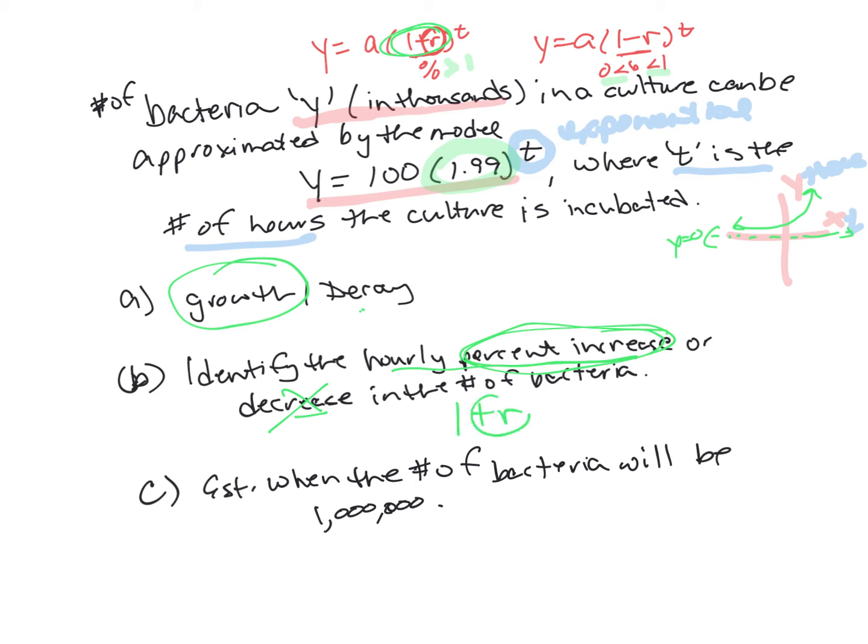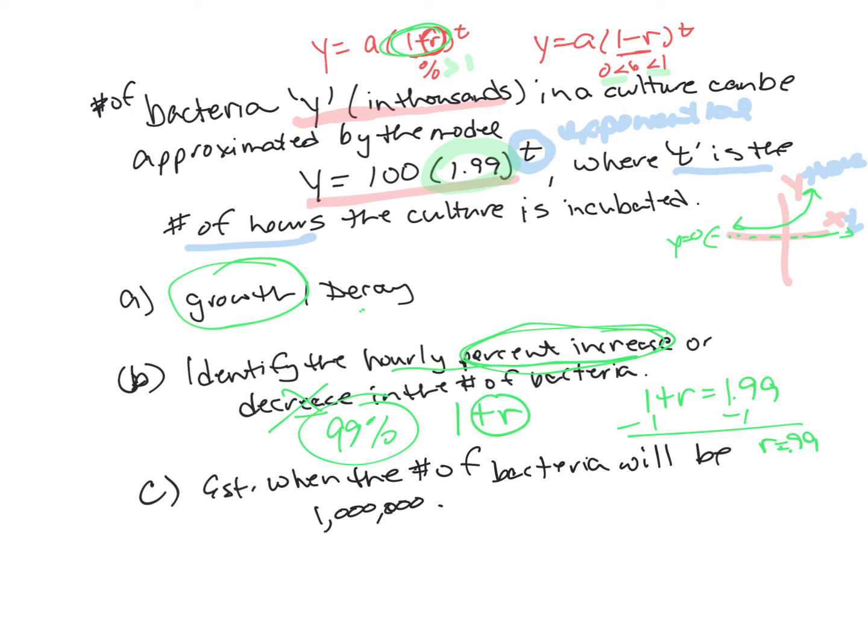So what is my rate when I have 1 plus r equals 1.99? I subtract 1, and my rate is 0.99, or 99%. That is my answer here. If it was a decay, we would be subtracting, right?